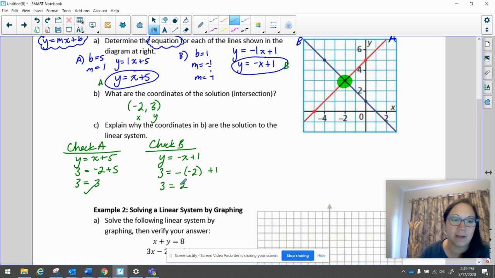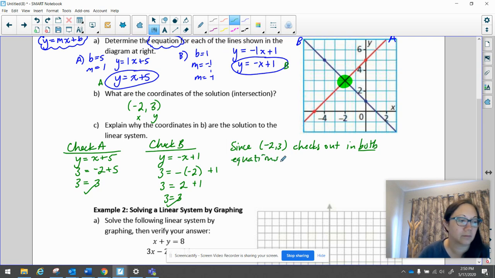A negative times a negative is a positive, in other words. And I end up with 3 is equal to 3. So it works for both equations. Since negative 2, 3 checks out in both equations, it is the solution to the system.